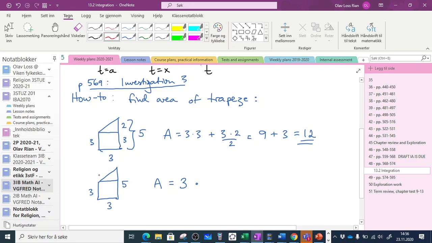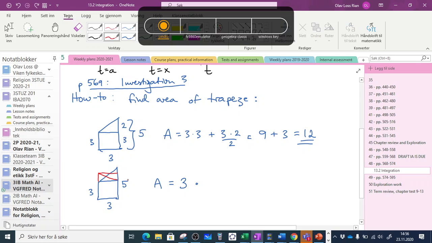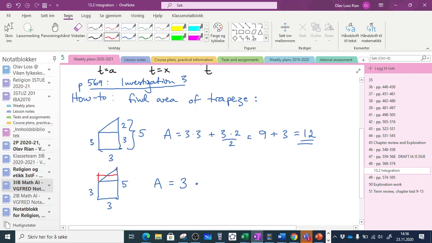If we take a mean of the two heights on either side, then we could use that as the height of a rectangle. We could imagine flipping this triangle and moving it over here. If we move this triangle to here, it's going to be the same shape and size, and we could just find the area of this rectangle instead. So the mean of the height is going to be 3 plus 5 divided by 2, which is 4.